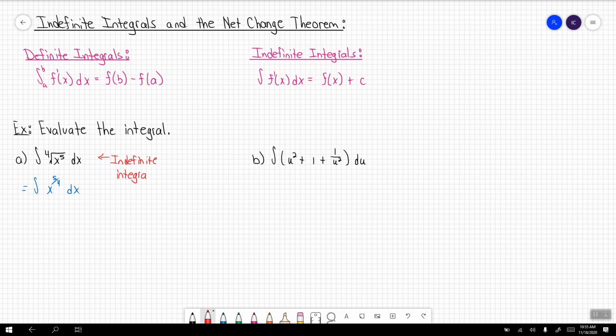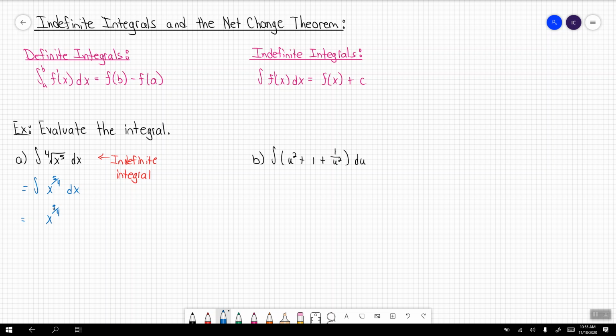Which means when I find this antiderivative, I need to find the antiderivative in general, and I need to assign the constant to it. So if I take the exponent 5/4 and add 1, that gets me 9/4.